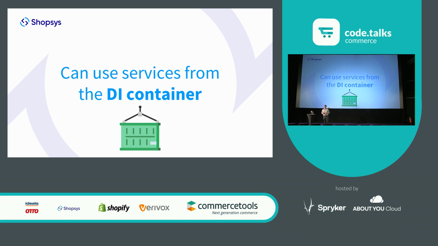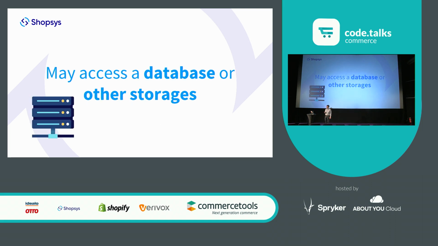So you can really test the classes which are configured just like you use them in your application, and you can test them against some higher level assertions. They may even access some database or other storages like file system or Redis, Elasticsearch, and you can really test a larger chunk of your functionality than with unit tests.